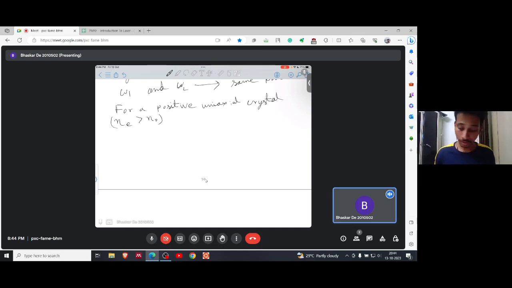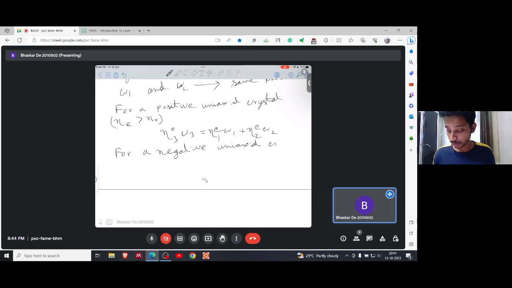The condition for type 1 phase matching would be n_o3 omega 3 equal to n_1e omega 1 plus n_2e omega 2 for a negative uniaxial crystal.